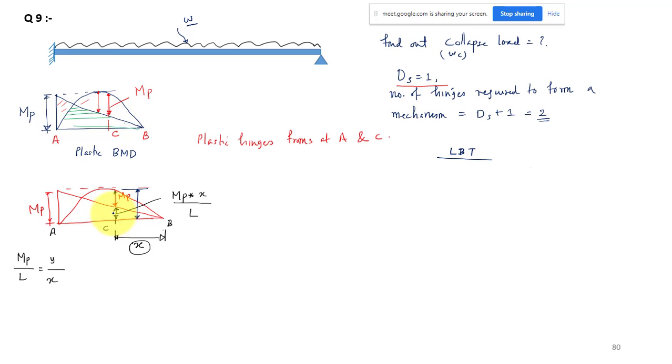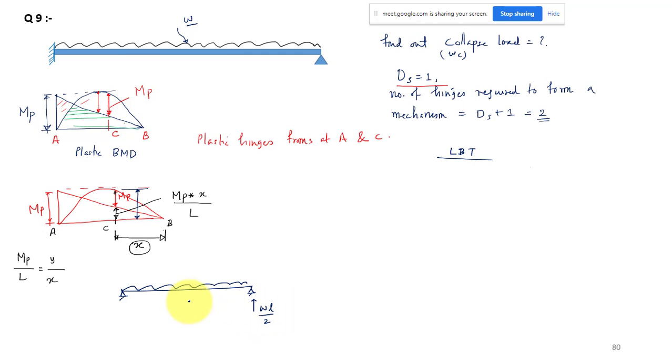What is this? It is a moment diagram for your simply supported beam. So I can easily write this value at this section. We will take a simply supported beam. What is this parabola? It is your bending moment diagram for the simply supported beam with UDL. Okay, so this is my loading, and this reaction will be WL by 2.